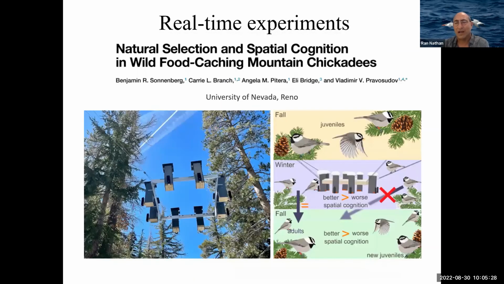So what I actually want to emphasize in terms of opportunities here is, first, that this is a wonderful opportunity to make the observational movement ecology approach, which we all do, more experimental.